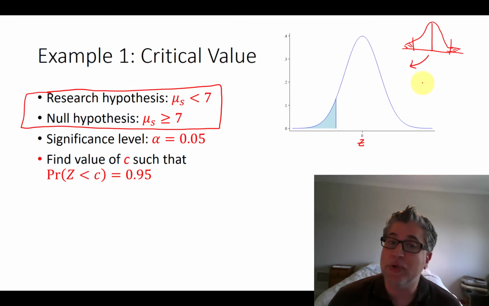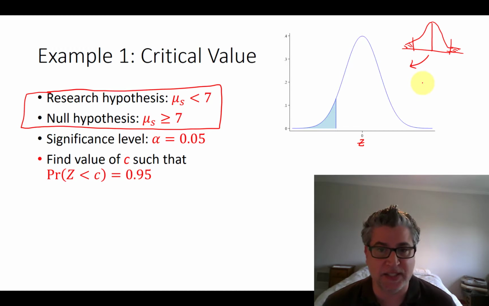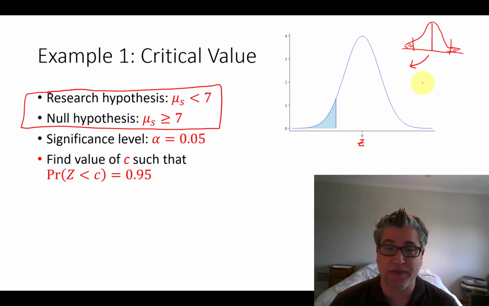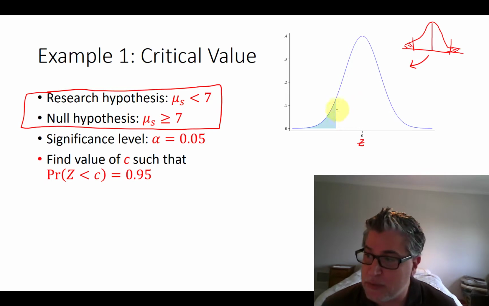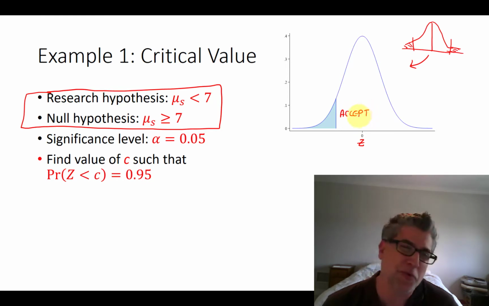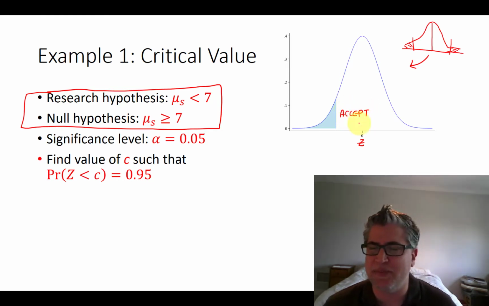Now, we're going to presume that the defendant is innocent. We're basically presuming that smoking doesn't have an effect. In which case, we would accept the null. In other words, not reject the null. But let's keep our terminology simple. Accept the null. Our null hypothesis is in this acceptance region.